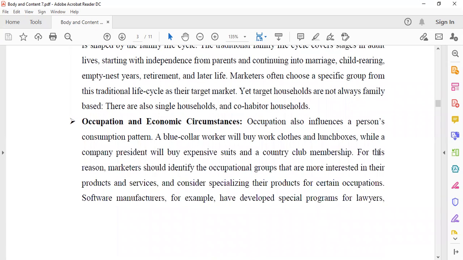Also, an individual's economic circumstance or occupation could affect his consumption pattern or buying behavior. A lot of government workers, corporate workers who always appear in suit and tie could have different consumption patterns from the artisans who we call the blue collar workers.